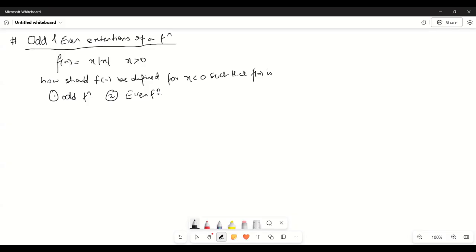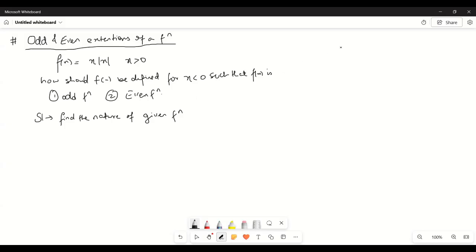ठीक है ना? So in order to find out the odd and even extensions of a function, what we do is step 1, find the nature of the given function. Okay.